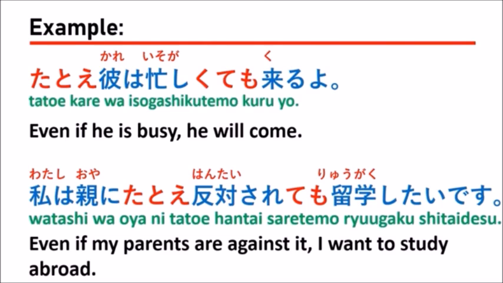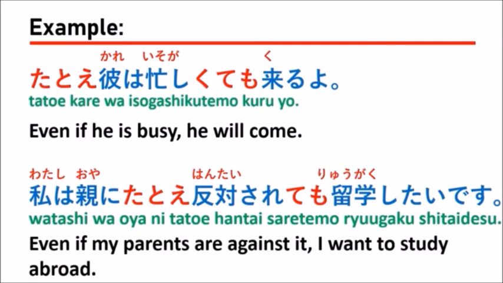But we change it to the masu form, 反対されます. But we cut out the masu, so we just leave only 反対され and follow with demo. So we can say たとえ反対されても. 反対 means against.